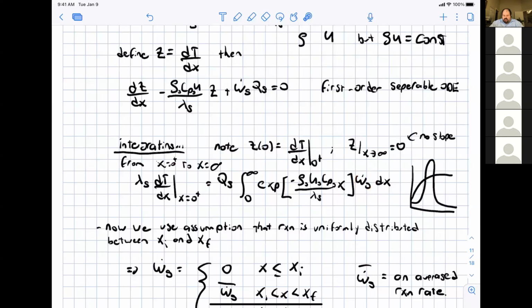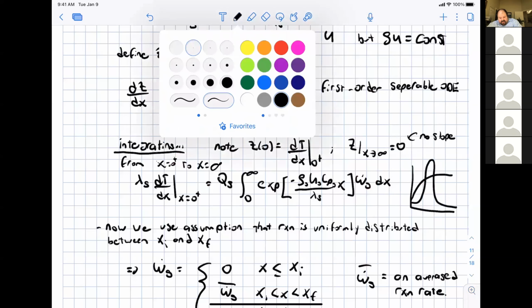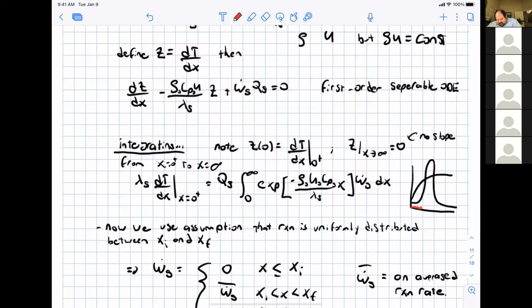So instead, we're going to invoke our assumption that instead of this really nasty function, we're going to approximate this peaky profile by turning it into a step function. So instead of the thing that I had drawn, we are going to approximate this curve to be like this.